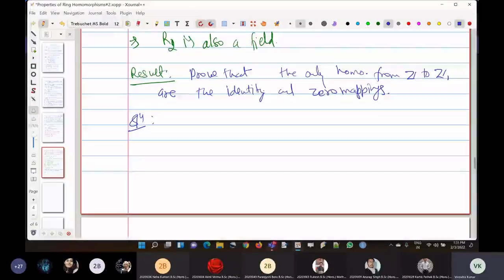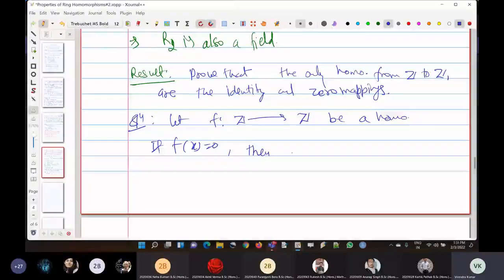Of course, you can very much prove this. Just write like this. Let f from Z to Z be a homomorphism. So if f(x) equals 0, that is the zero mapping, then obviously f is a homomorphism.